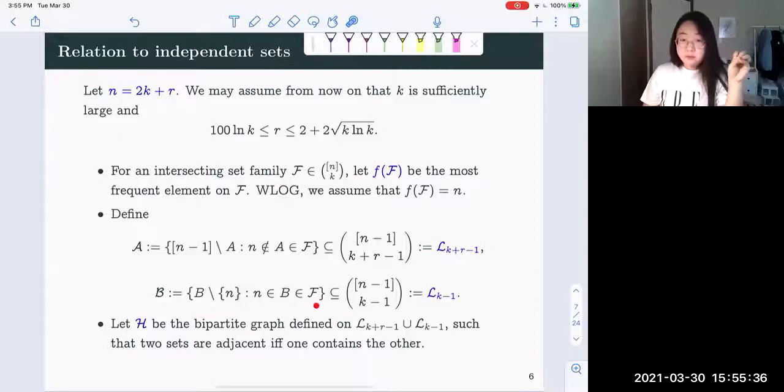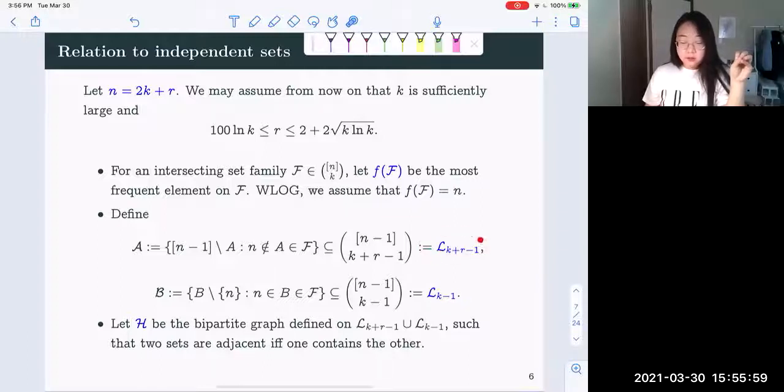The rest of them are sets which do contain n. Because they all contain n, we can shrink this n away. So now B is a k minus 1 uniform set family from n minus 1 integers. For simplicity, we denote the 2 set families' ground sets by L k plus r minus 1 and L k minus 1.